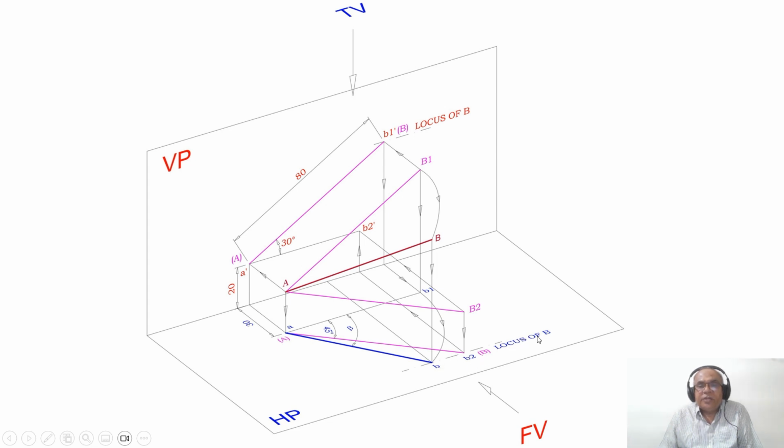If the locus of B wouldn't have been there, then this would be the top view itself. Since the locus of B is in front of VP by this distance, B is not in front of VP by 30, but by this distance, such that the top view length of the line will not get altered. That is the reason why we are rotating it using the compass.